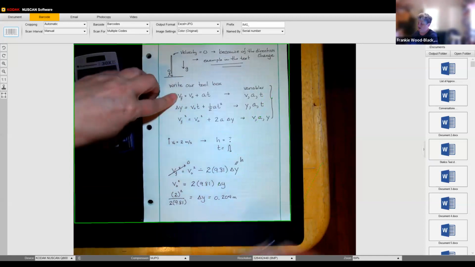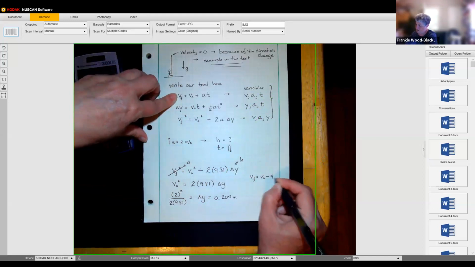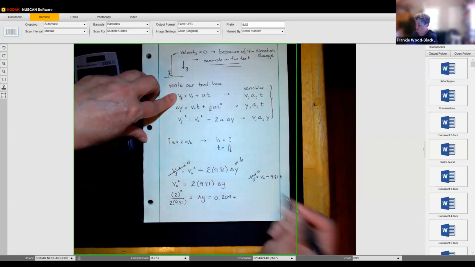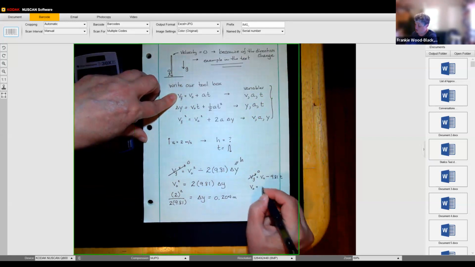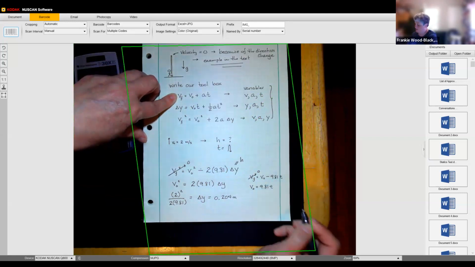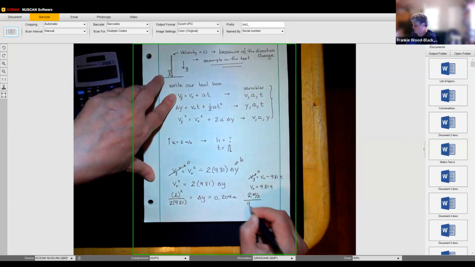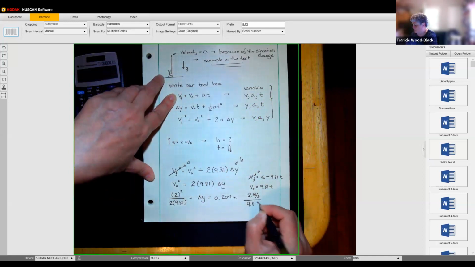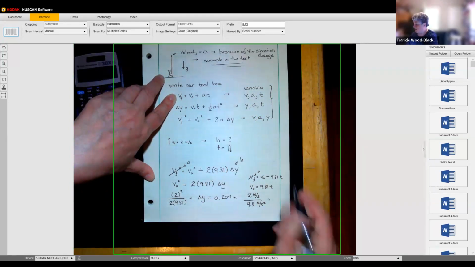I can use this to find time. Velocity final is equal to my velocity initial minus 9.81 times time. That's equal to 0. So I get velocity initial is equal to 9.81 times time. And I get my initial velocity is 2 meters per second divided by 9.81 meters per second squared. Meters per second can cancel. I end up with seconds on the top.